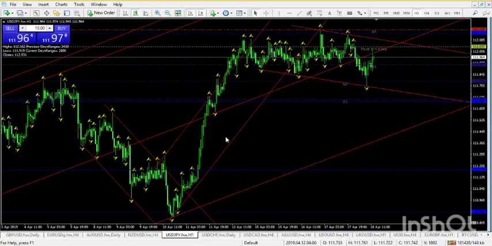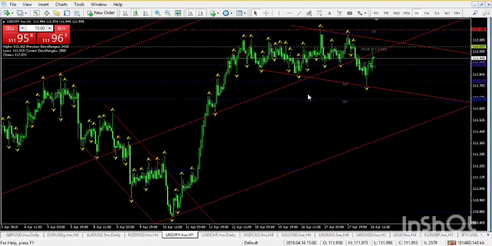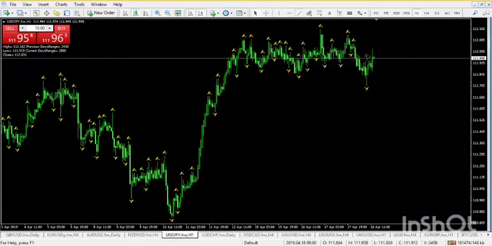Firstly, you have to draw this, and you see that on the first collision it has declined, and the second and third one are close to that one. The top wall here was broken. So you can only trade when your price is on the lines. When it's in the middle of them, you can't start trading.